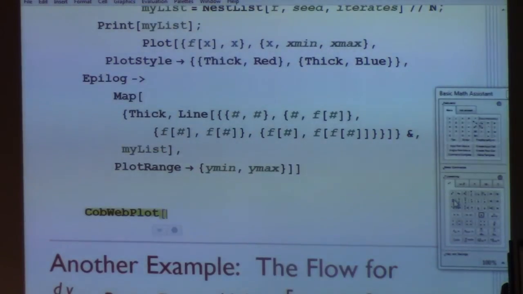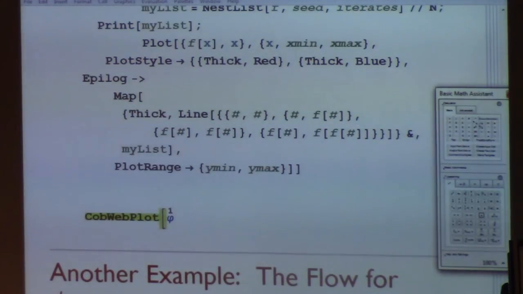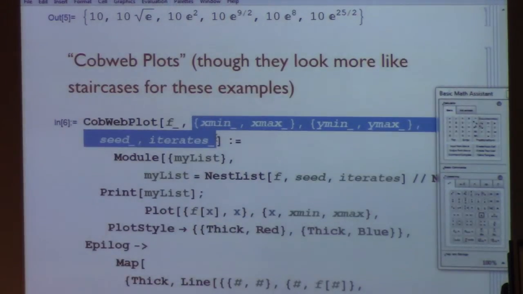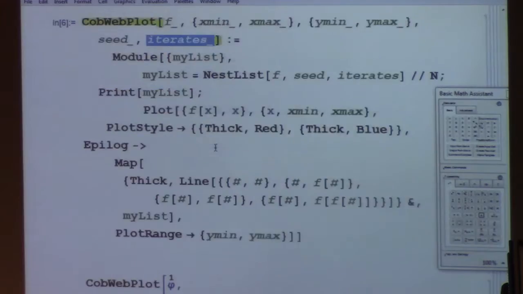It's just showing visually what's happening with the iterates in the way that I tried to draw on the board in class the other day. You put your function that you're iterating there. According to my syntax here, I need x min, x max, y min, y max. Those are just the window that I'm going to make my graph on. A seed and the number of iterates. The seed is the initial value of y. The iterates is how many iterates you want to go.